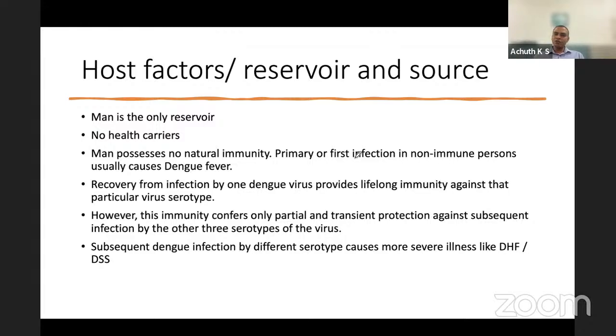Recovery from infection provides lifelong immunity for that particular virus serotype only, not for the second, third, and fourth. If the second one is infected first, it does not provide immunity for 1, 3, and 4. Okay. And if you are infected with dengue type 1, if you have infection from 2, 3, 4 later, it causes more severe illness. Why? Reaction of immunity. Okay.